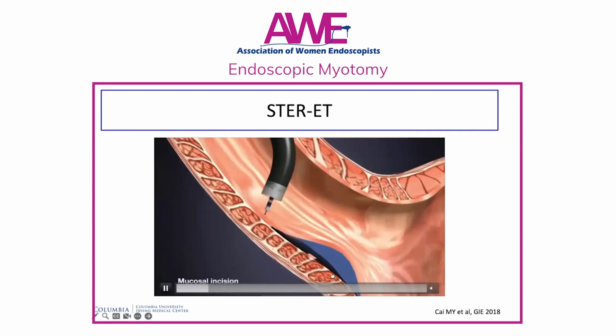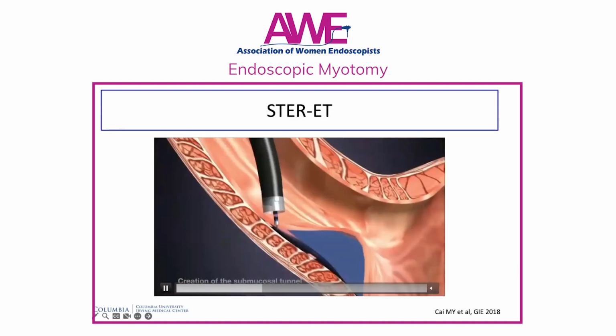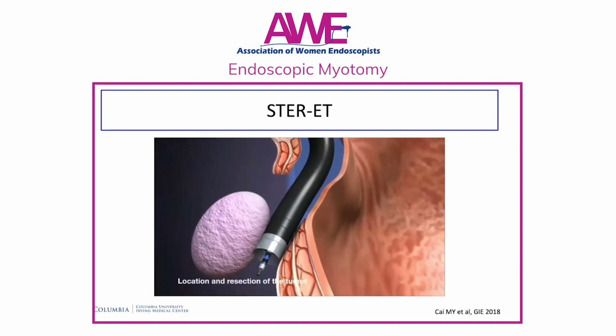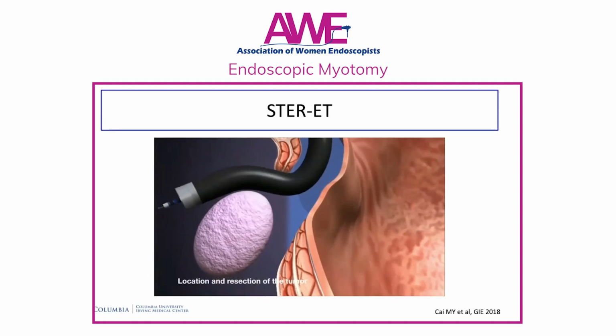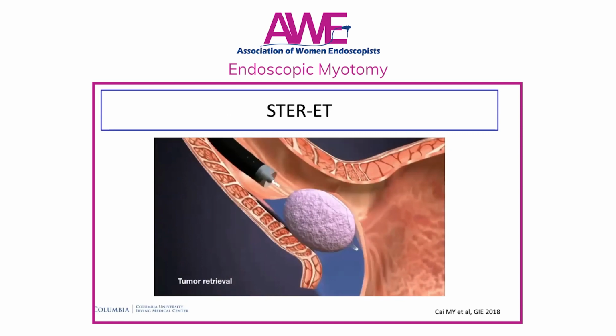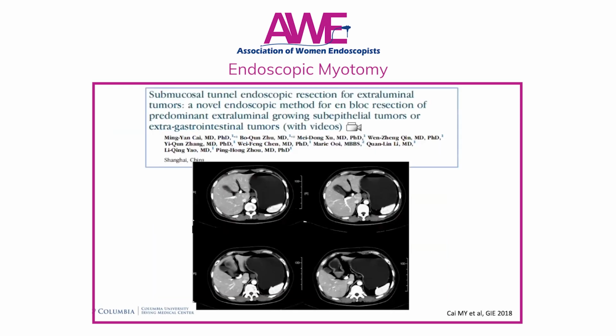And then the next frontier has been reached with fourth space endoscopy, STER with extraluminal tumors. So in this animation, it describes basically, again, using the tunnel as an access point to reach the point where the tumor is located outside and pulling it through.